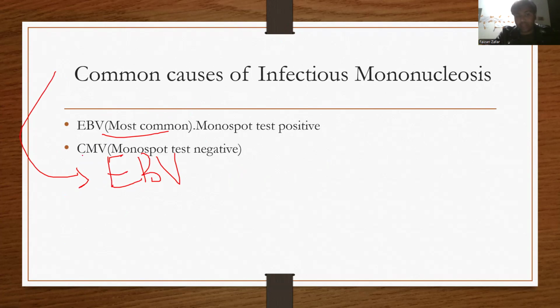Cytomegalovirus is another cause of infectious mononucleosis. There are many causes of infectious mononucleosis, but we will discuss only the high-yield ones, Epstein-Barr virus and cytomegalovirus. In case of cytomegalovirus, the monospot test is negative, while in case of Epstein-Barr virus, the monospot test is positive.